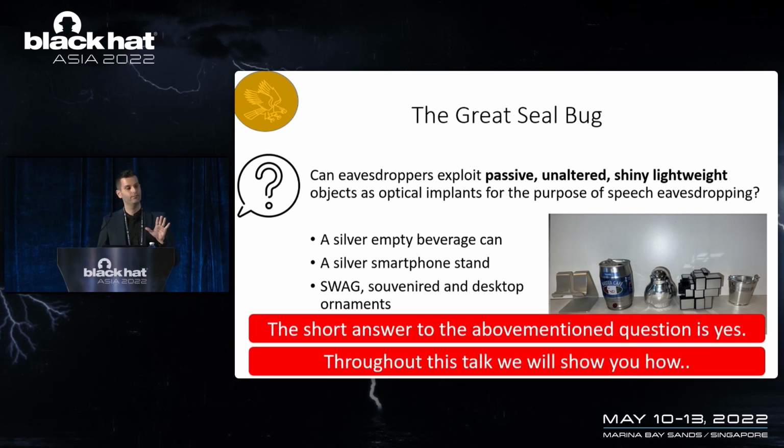I will start with the short answer. The short answer to this question is yes, and throughout this talk, I will try to show you how exactly. Just for you to see, this is an example of the type of objects that we are speaking of. Again, passive, shiny, and lightweight objects that reflect light.